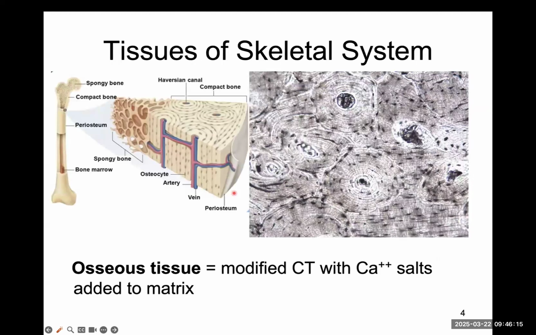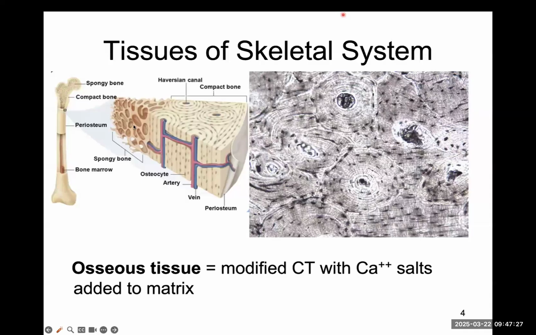We call this osseous tissue, and sometimes we call it skeletal tissue. So there are many different terms for this. Os stands for bone, and that's a direct translation from Latin.